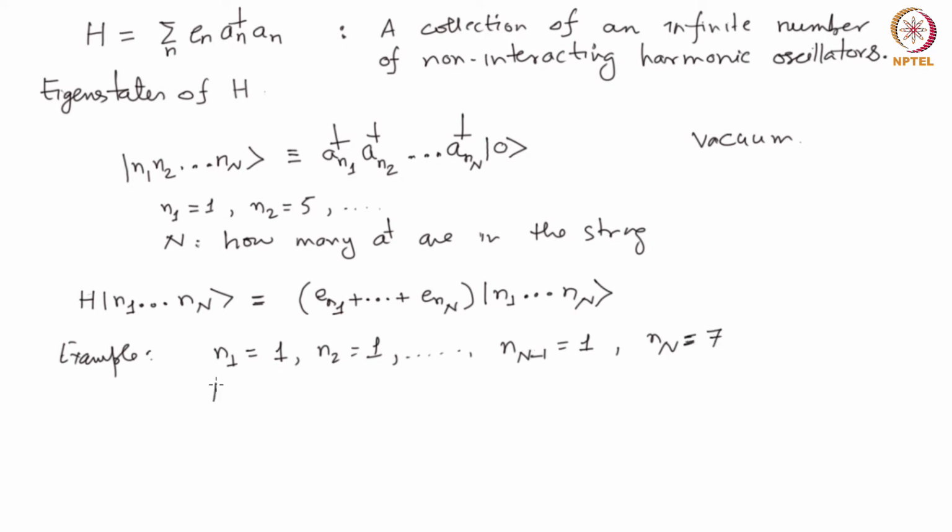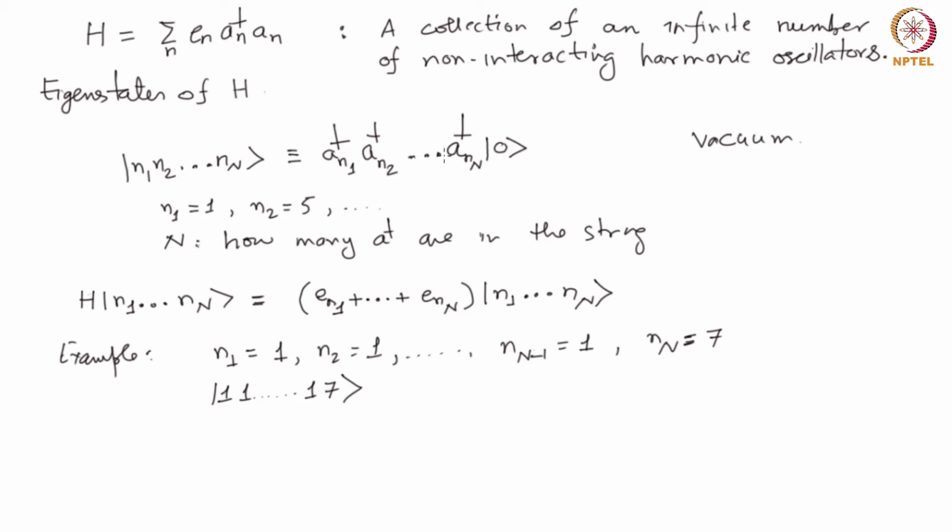So you have a state 1, 1, 1, 7. This is one of the eigenstates of the system. So you'll have here A1 dagger, and so forth, A1 dagger, and finally A7 dagger. This is what it means.